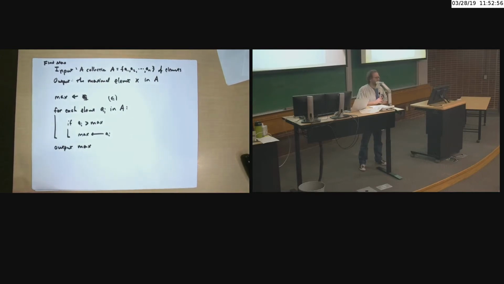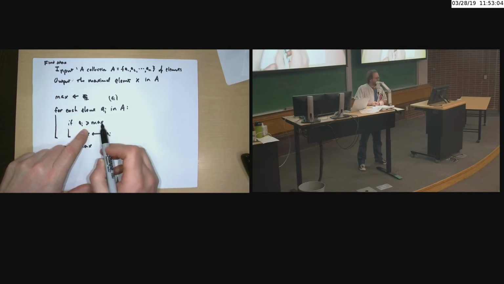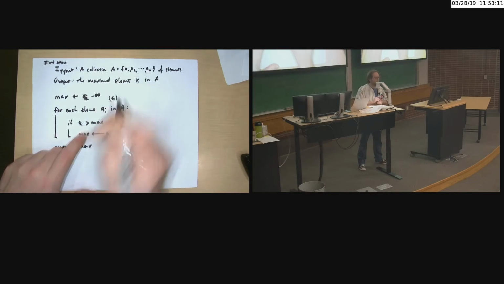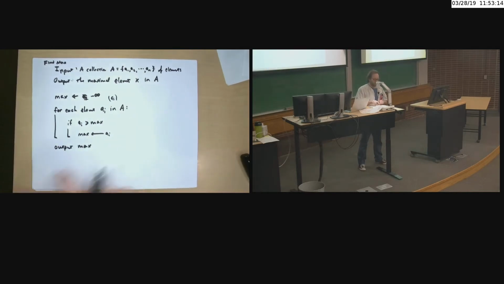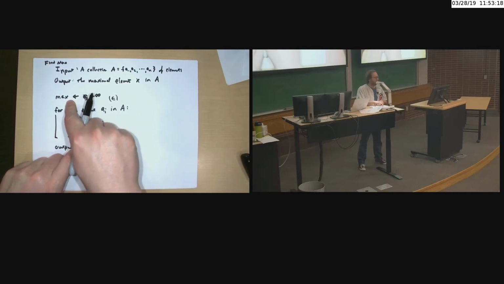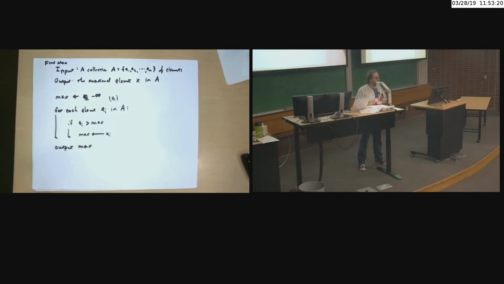We could initialize it to null. Null's way too language specific. What is guaranteed to be less than anything else? Negative infinity, right? Now, the first time that you get to an actual element, it's going to be greater than negative infinity, so you end up initializing it down here.